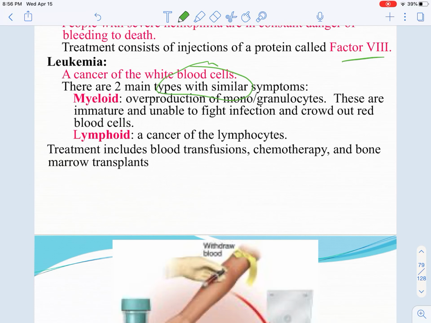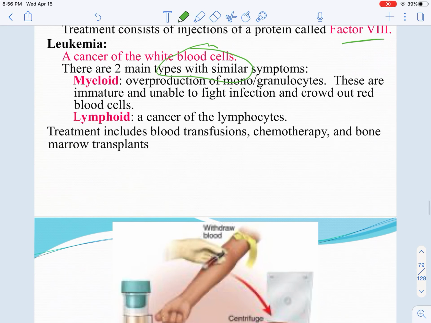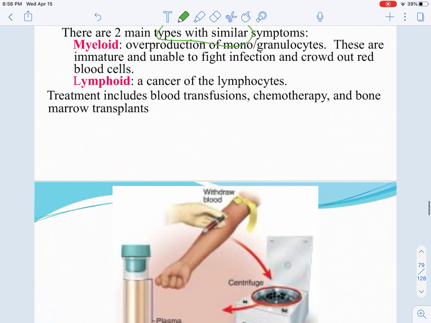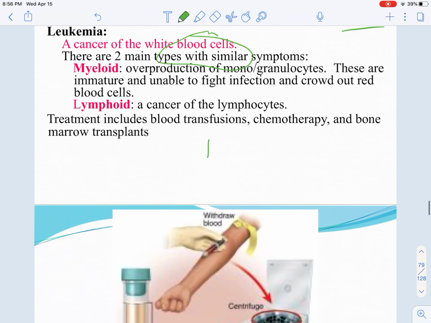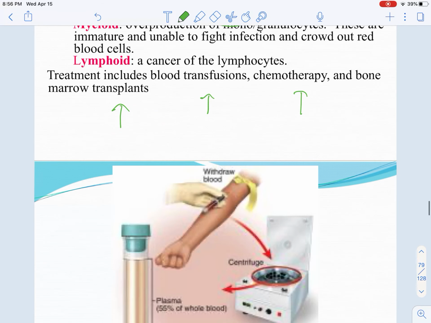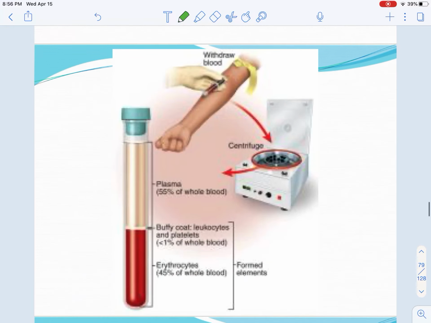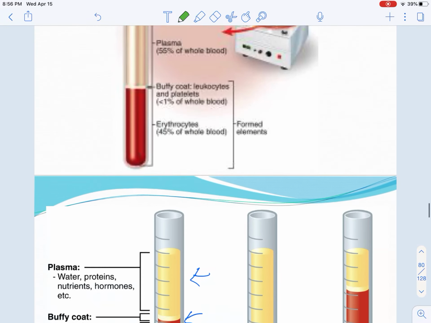Leukemia is a cancer of white blood cells, and there's several different kinds depending on which white blood cell is affected. And the leukemia may involve transfusions, chemotherapy, or even bone marrow transplant to replace the bone marrow with functioning cells that will make proper white blood cells.